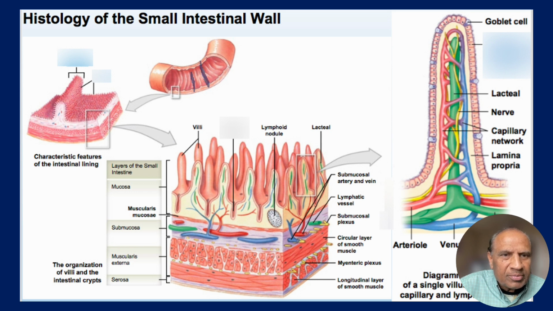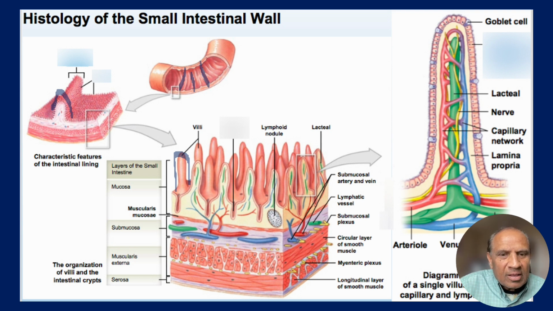If you open up the intestine and look inside, it's not smooth. There are many folds on it. Even each fold has many folds on it, and those have many folds on them too. This increases the surface area of the intestine.